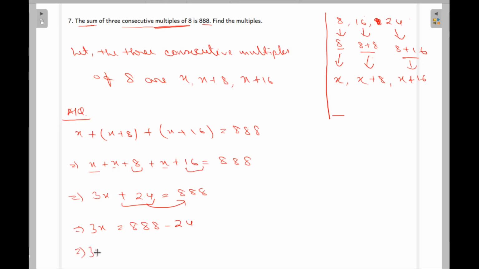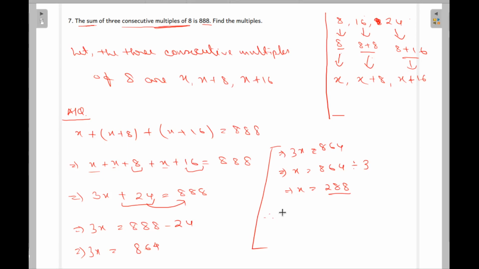Now 3x is equal to 864. So 3x equals 864, so x equals 864 divided by 3. So x equals 288. Now we have got x equals 288.